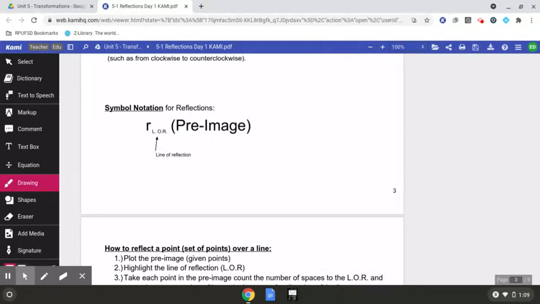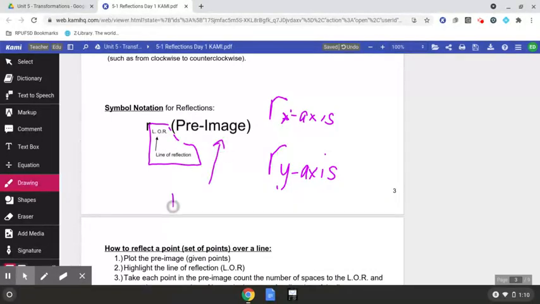So for example, if I was reflecting over the x-axis, I would write it like this, with the word x-axis in little letters. If I was doing a reflection over the y-axis, I would write it like this. That's what this little line of reflection would be. Keep in mind, my pre-image could be a point, could be a shape. That's what my pre-image would be.